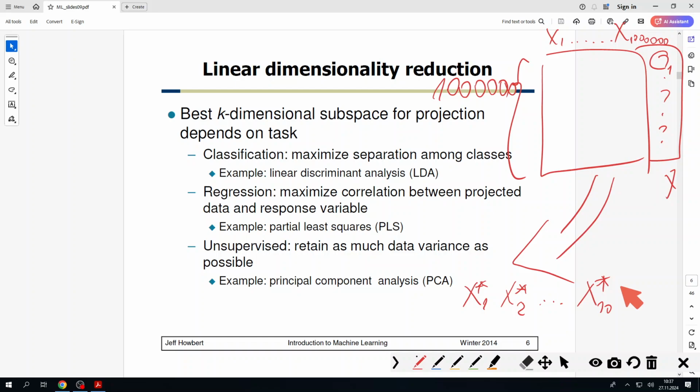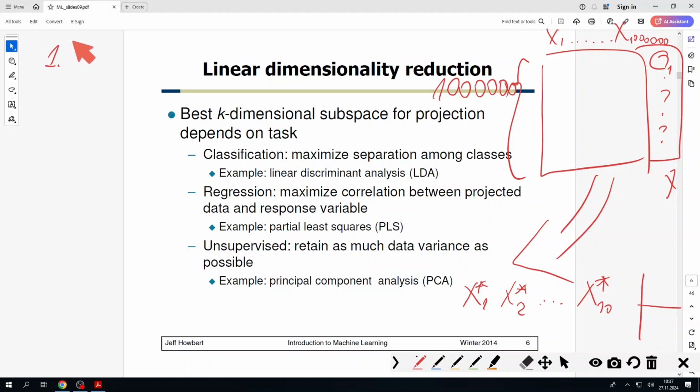Now, for this amount of data, it will be much easier for you to create labels. So before you actually add labels, sometimes you really want to first treat your problem as unsupervised, then reduce dimensions.